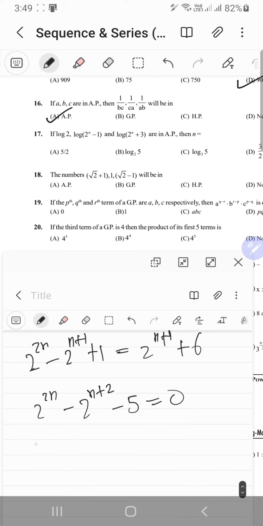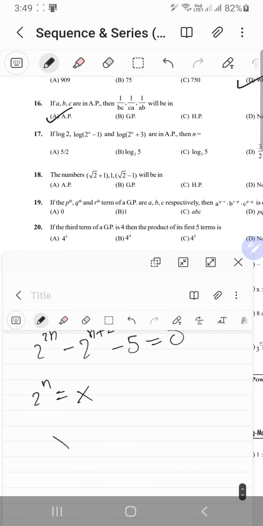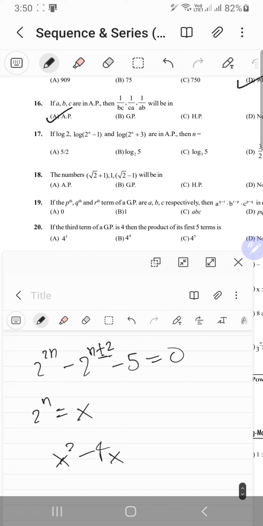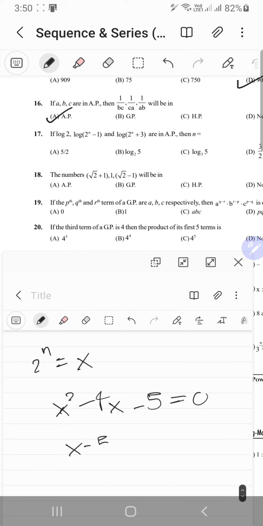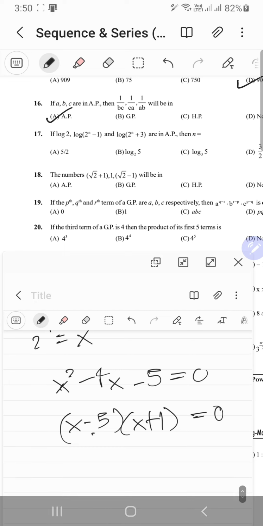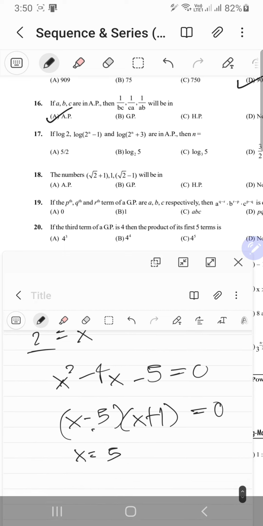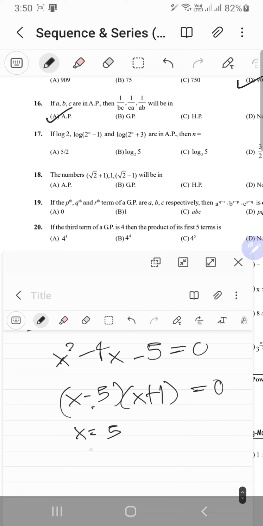But in fact I'm going to say 2 power n is x. So this will be x squared minus 4x, because this 2 goes on the front, it becomes 4, minus 5 equal to 0. So it's x minus 5 into x plus 1, I believe, right? Minus 5 into 1 is minus 5, and this is minus 4. So x is 5, because of course this is positive, you cannot have negative. So wait, what?